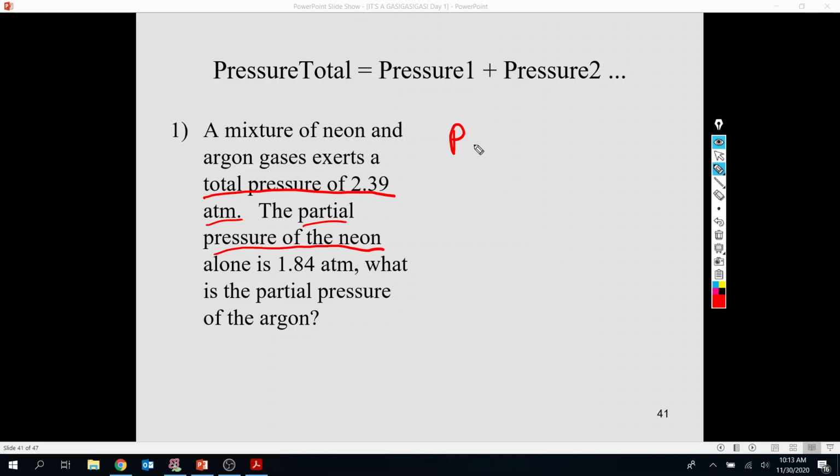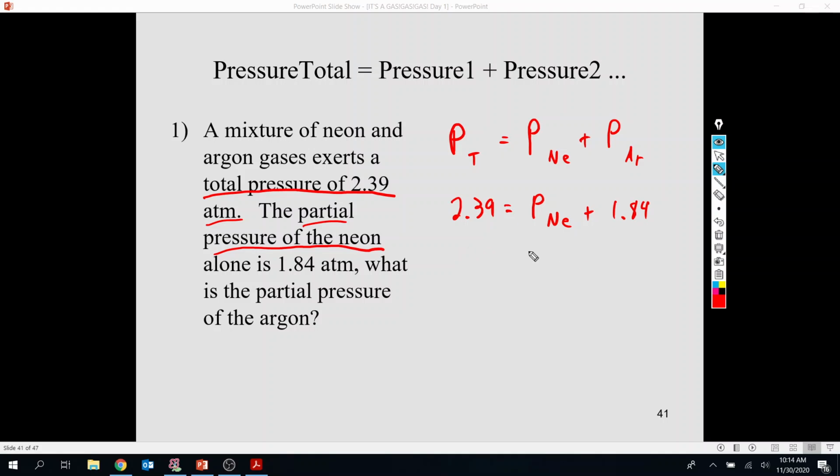Okay, remember that our total pressure is going to, in this case, equal the pressure of neon plus the pressure of argon. Now our total pressure was 2.39, and the partial pressure of neon was 1.84.